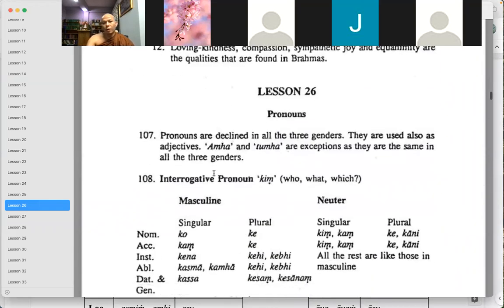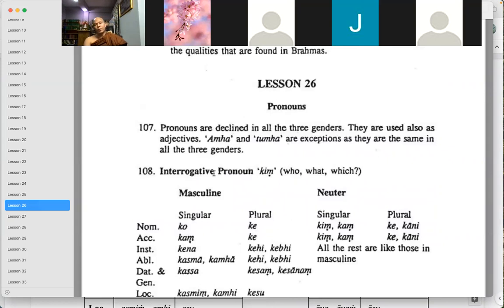So today we will start learning lesson 26. In lesson 26 we study the pronouns.